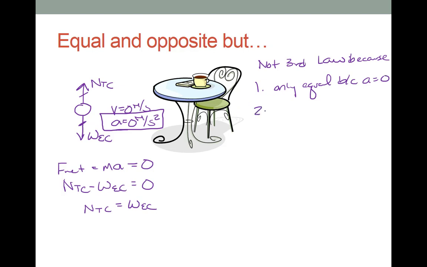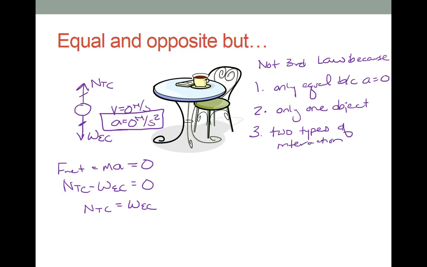Other things you could pay attention to. We're only dealing with one object. And remember, third law force pairs require the interaction of two objects. We're only looking at the cup. So we've only got one object. We've also got two types of interaction.